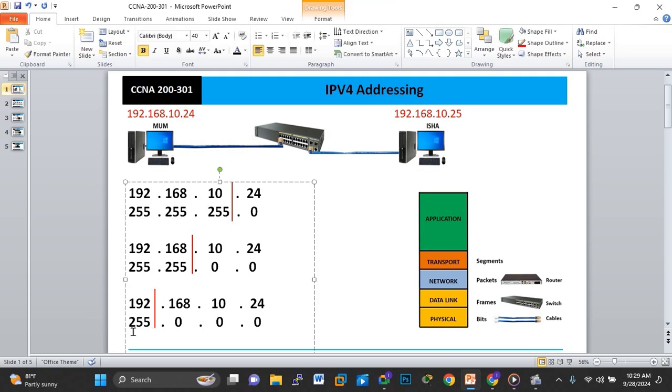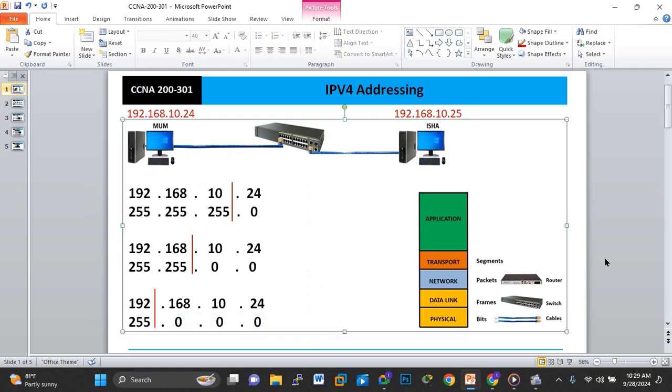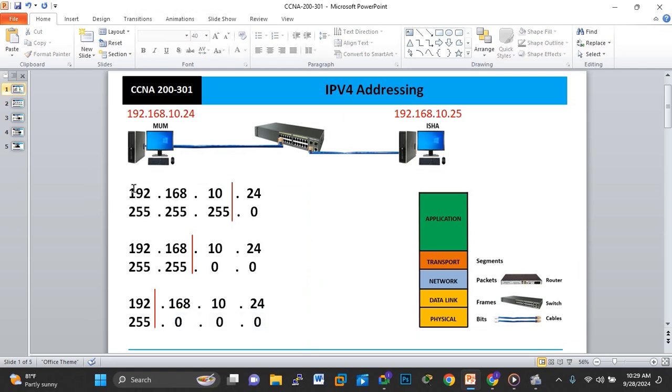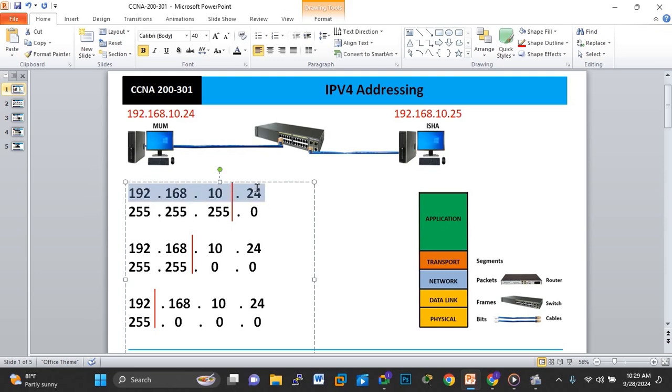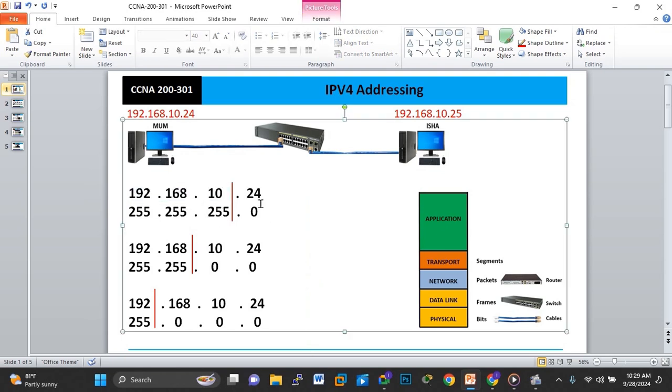So now we move. This 255 here indicates the 192 is within the network side of things, while this 0, you are seeing 00 here, indicates the host side. So you can know these differences: an IP address is 4 digits, here you can see 192.168.10.24.